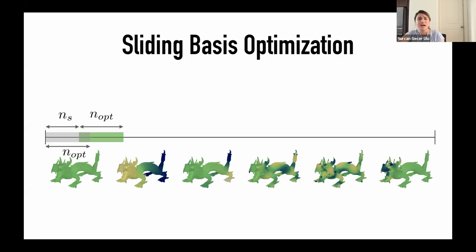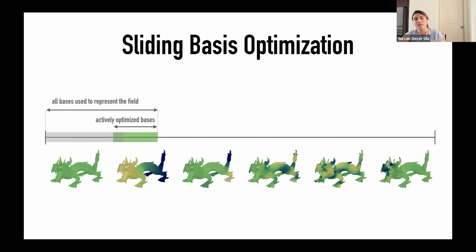And then we are sliding our window with a certain amount, and then we do the optimization on this green actively optimized part, but we are using all of the bases covered so far to represent the field. Basically, we do this sliding operation until we achieve convergence. So basically, at each step, we have this green region as our actively optimized bases, and then we use all of the bases to represent this field.